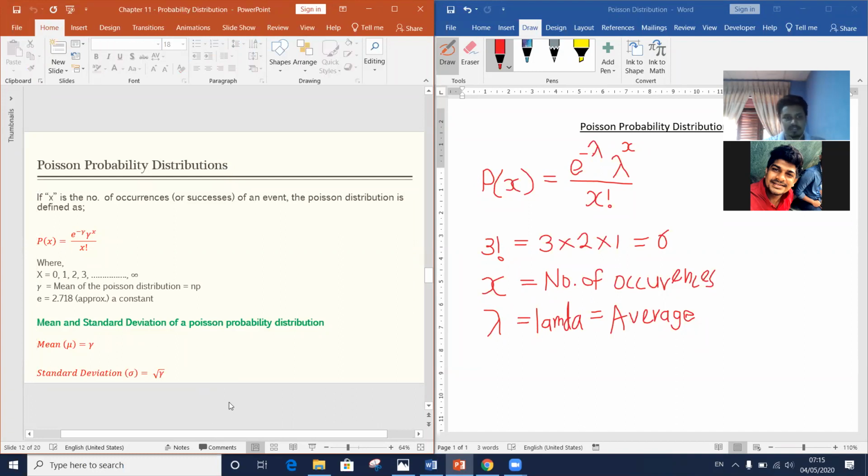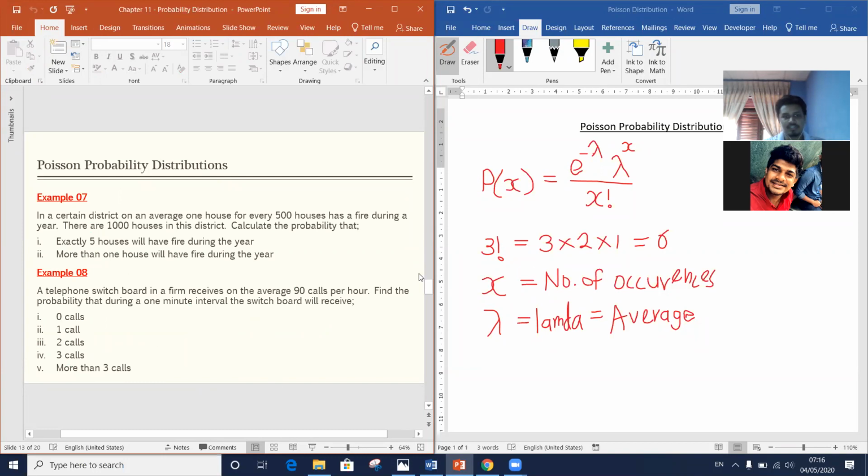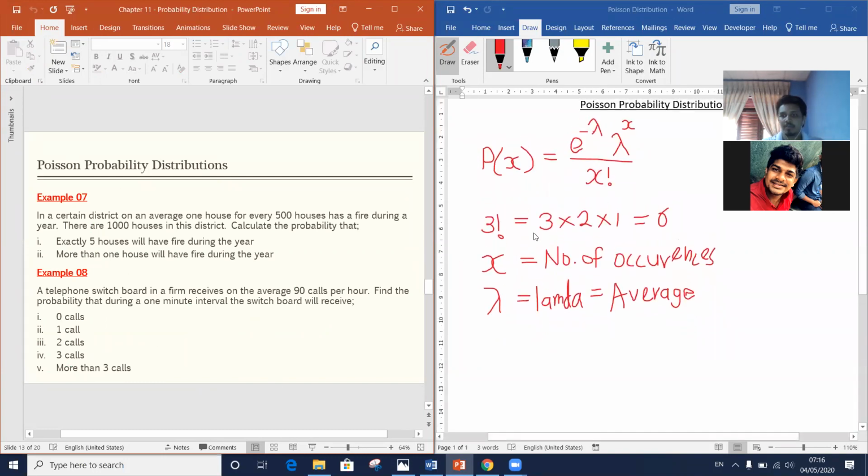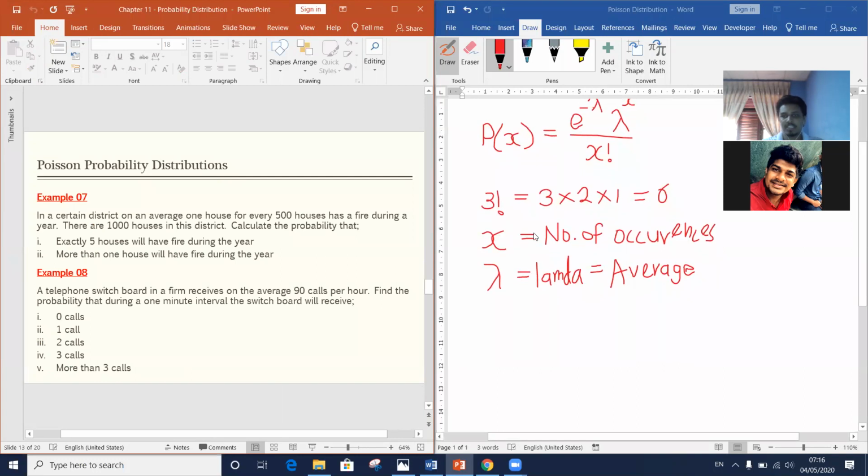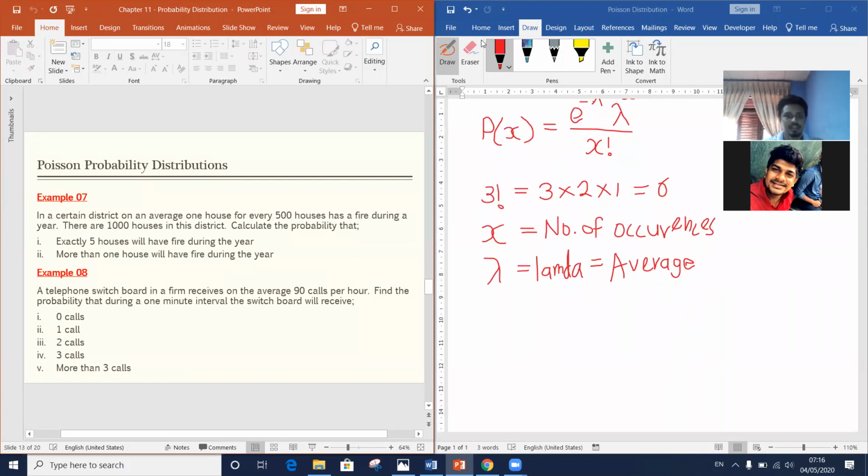Right. Okay, so we will discuss with this example how to find the probability in a given Poisson probability distribution. Example 7. In a certain district, on an average, one house for every 500 houses has a fire during a year.